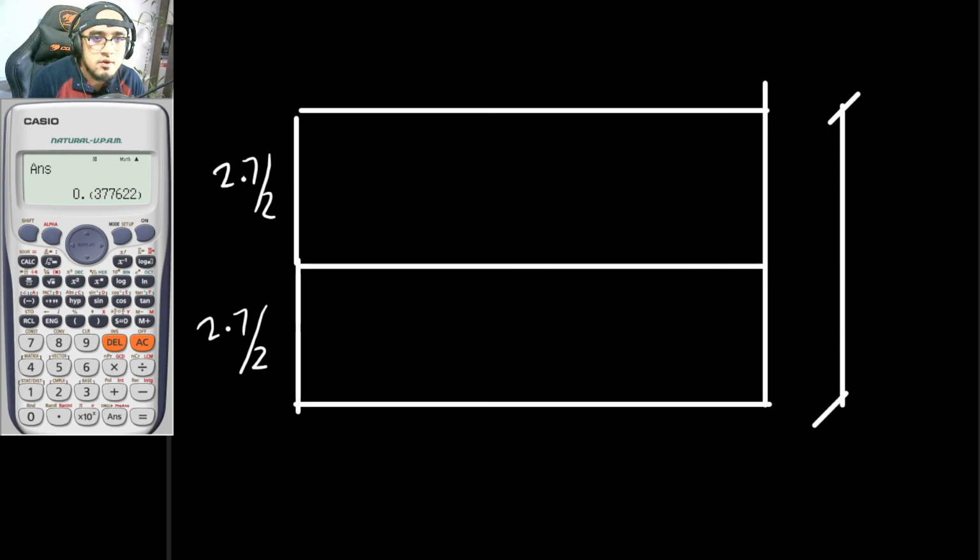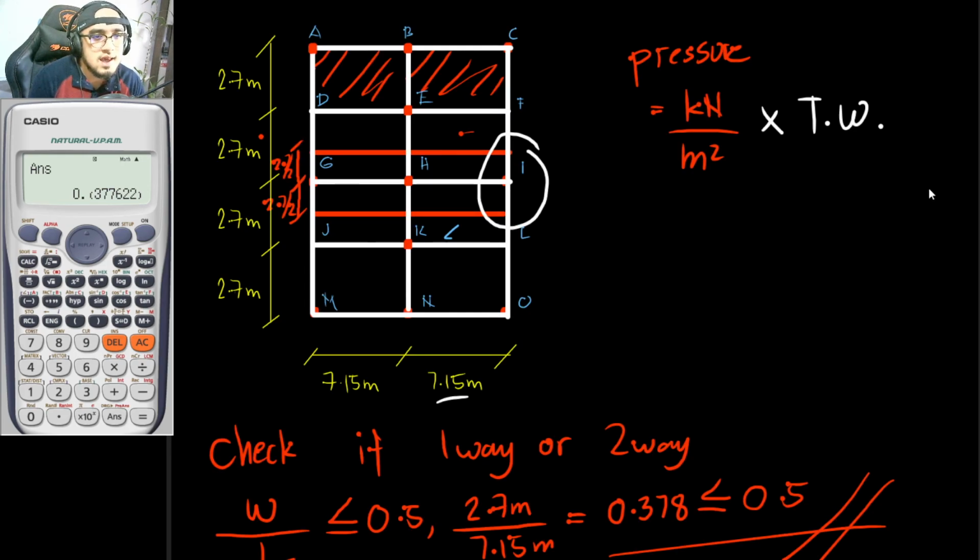Kasi 2.7 over 2 plus 2.7 over 2, so that is to be 2.7. So in this case, guys, you will now just be multiplying this by 2.7 meters. So meters would cancel out. And you will now be arriving at a line load. So meron na kayong W.